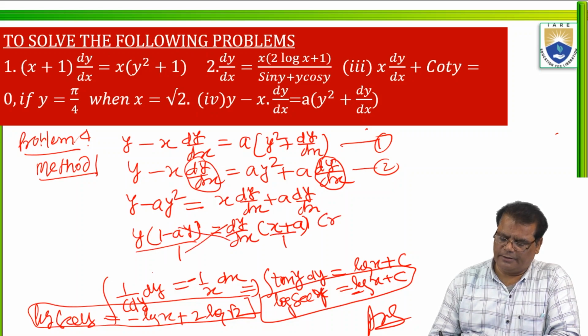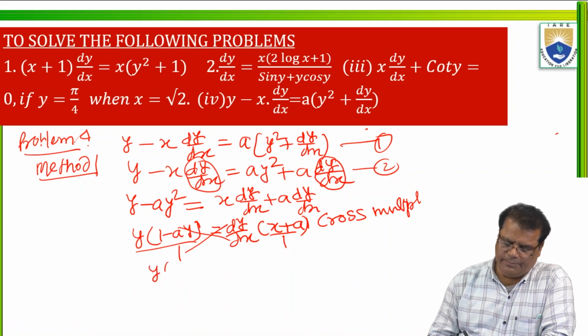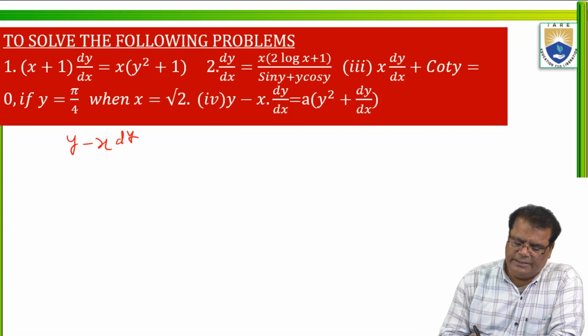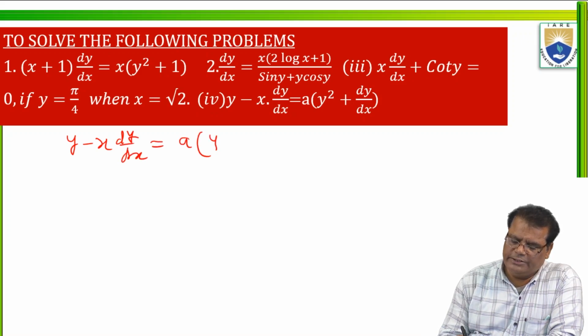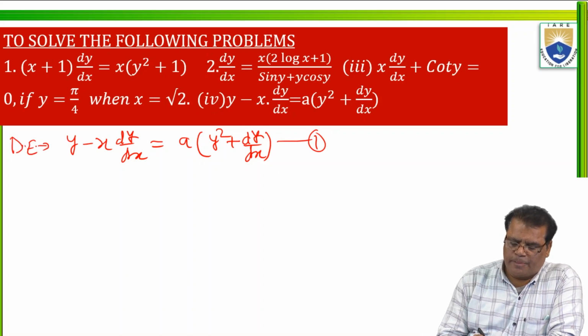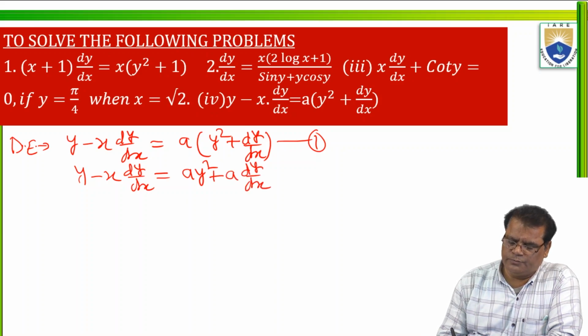Now we cross multiply. So y(1 minus ay) dx equals (x plus a) dy. This is the differential equation. Again, y minus x dy/dx equals a y square plus a dy/dx is equation 2.